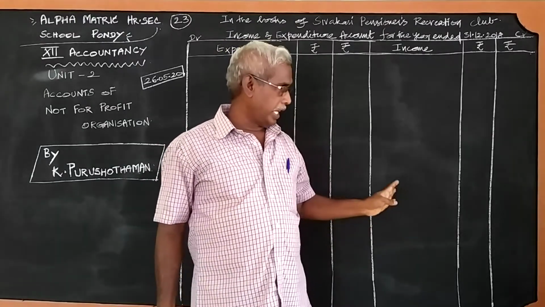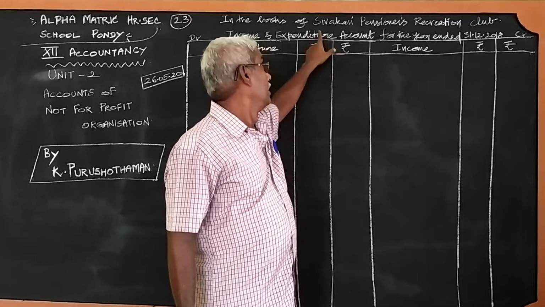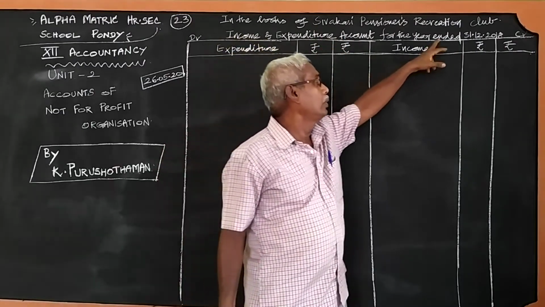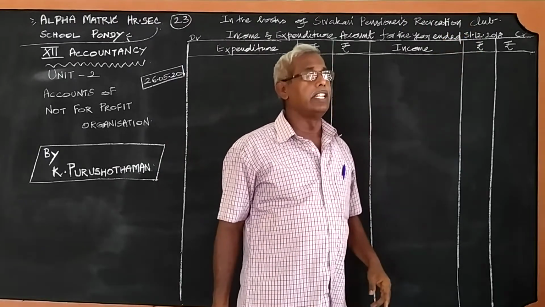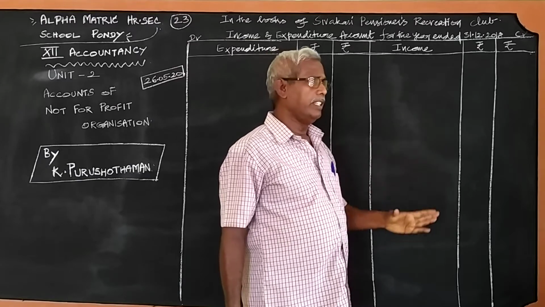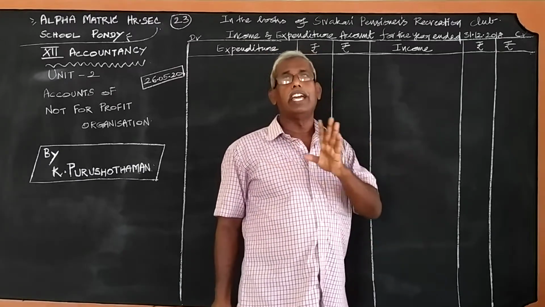So, you write only the revenue items under this heading, income and expenditure account, that too related to this accounting year, that is ending with 31/12/2018. No capital item, no brought down or carried down.